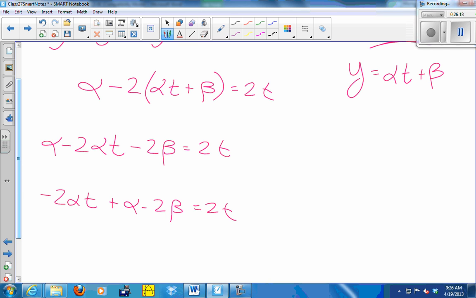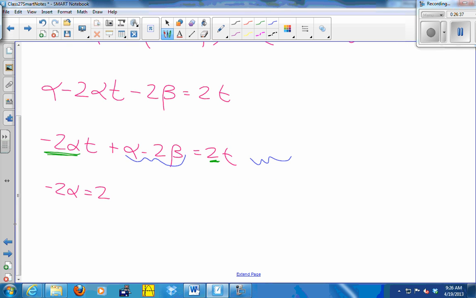So my coefficient of t on the left is -2 alpha, and on the right it's 2. So those have to be equal. -2 alpha has to equal 2. And on the left, I have a constant term of alpha minus 2 beta, and on the right, I have no constant term. So alpha minus 2 beta has to be 0.